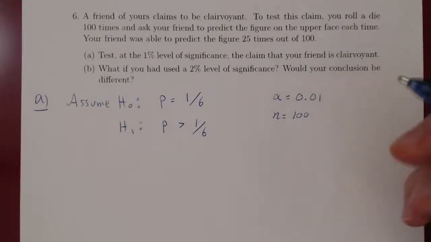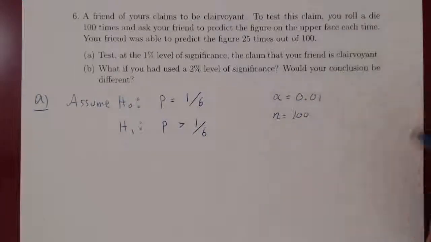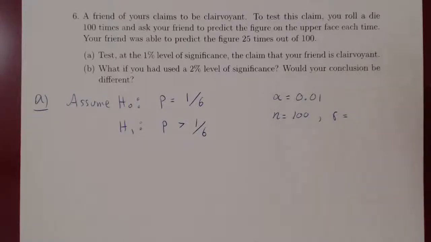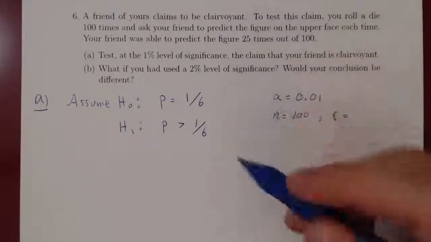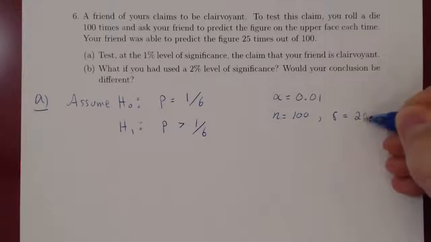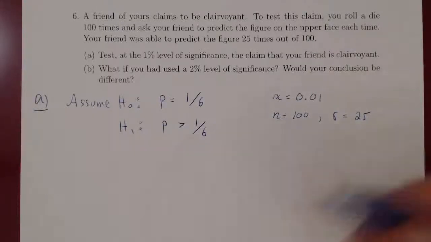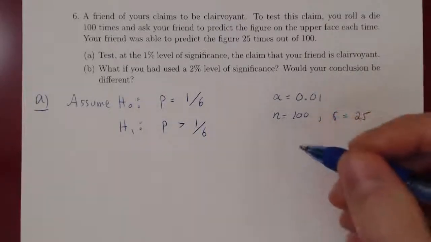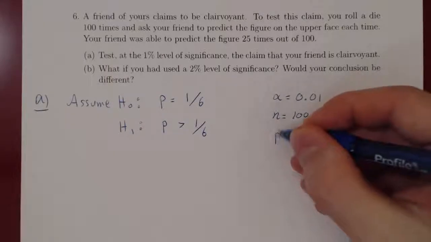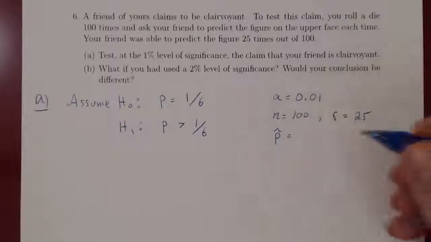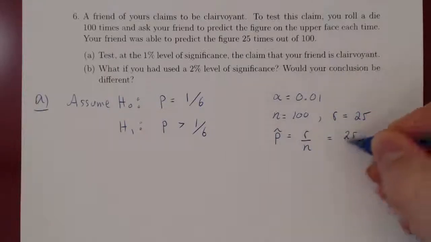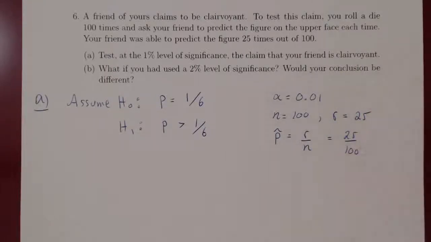We rolled this die 100 times, and I'll use R for the number of successes of your friend, and your friend was right 25 times out of 100 times. So if you ask now, what is the proportion of times your friend was right from your sample of 100 rolls, we'll call this P hat, and she was right R times out of N, 25 out of 100.